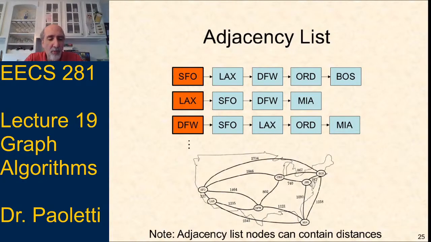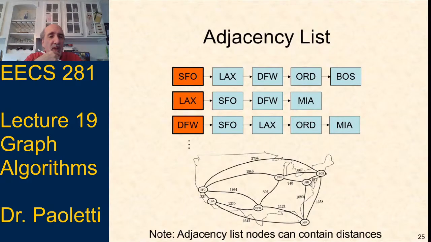We could also represent our graph as an adjacency list. In the adjacency list, it's really a collection of lists, where each list says where you can get to from here. It is listing where you can go in one hop.